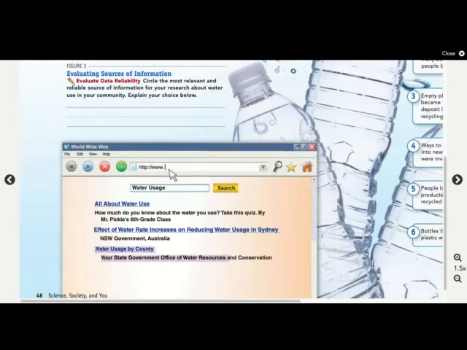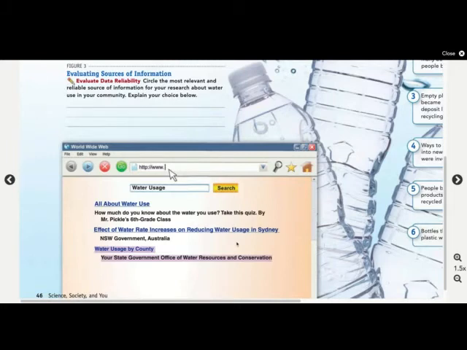Water usage by county. Your state government office of water resources and conservation. That for us is going to be the most relevant because it is going to be water usage in our county by our state government in the United States. So this site is relevant because the information is about my community and reliable because it is a government source.